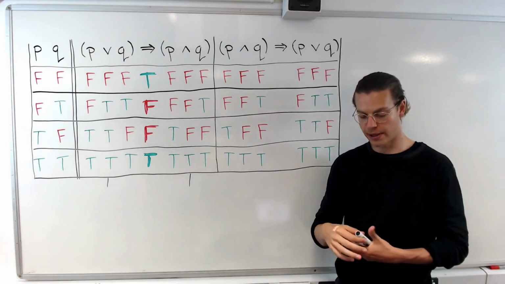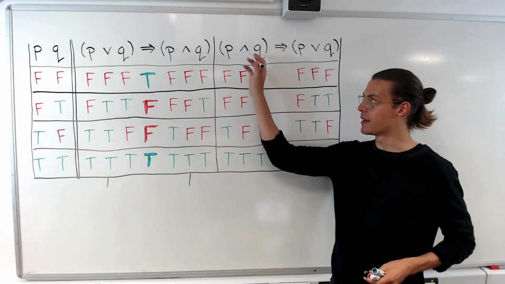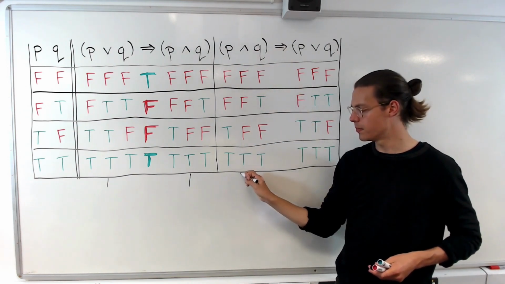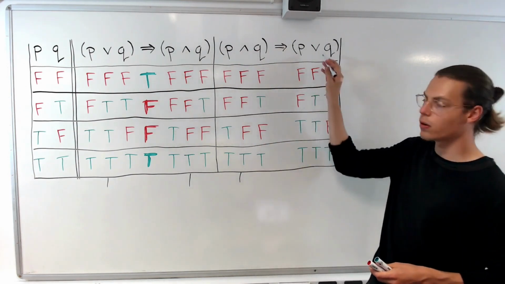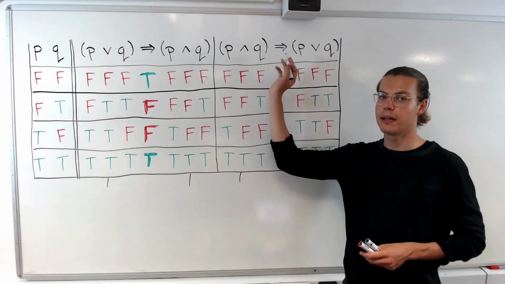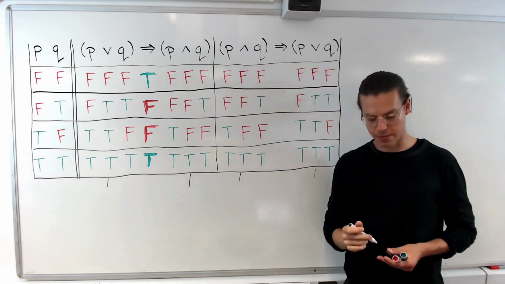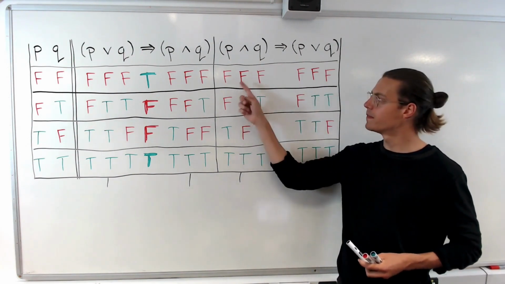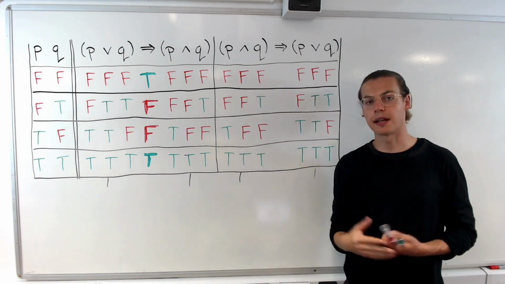And again, for our second formula, we are looking at this AND column and this OR column. So we want p and q implies p or q. Now first up, false implies false. That's true.